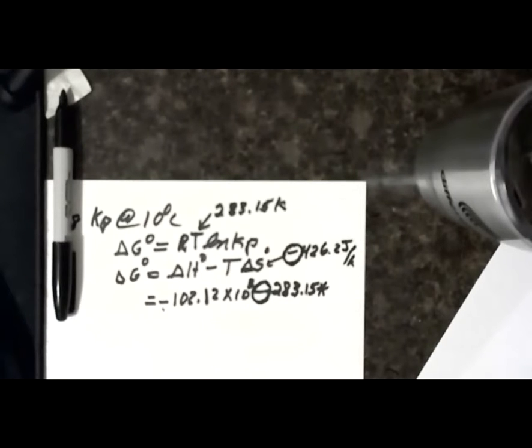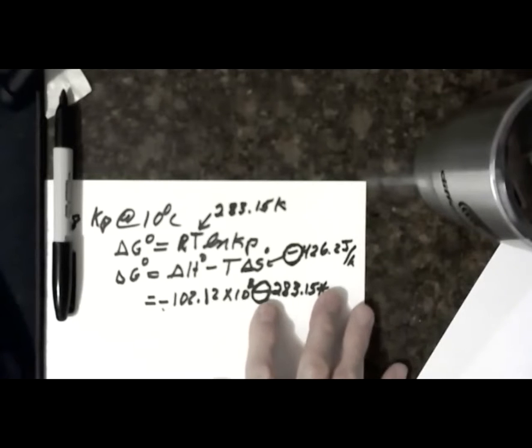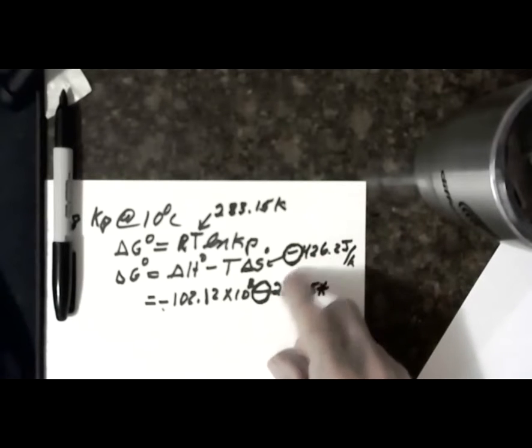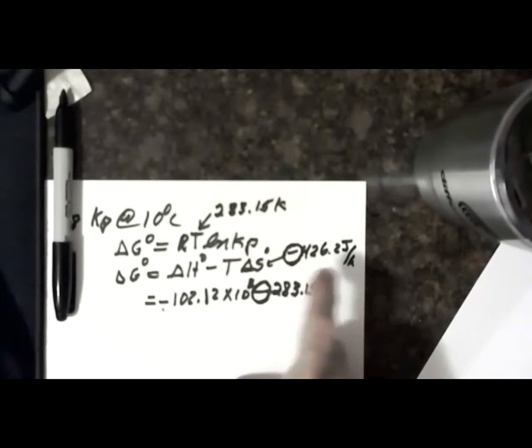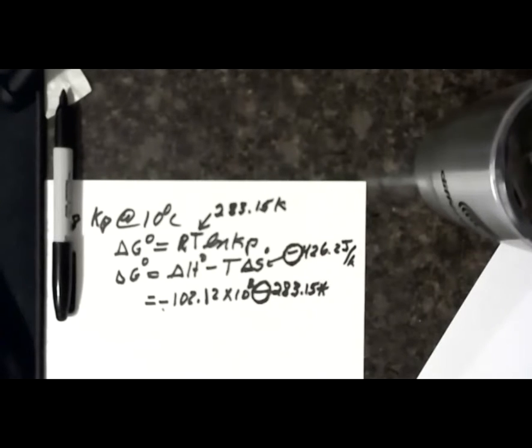Okay, so I've got 426.2 times 283.15. Remember, I'm going to take that minus times that minus gives me a plus term. So I entered them positively on the calculator.